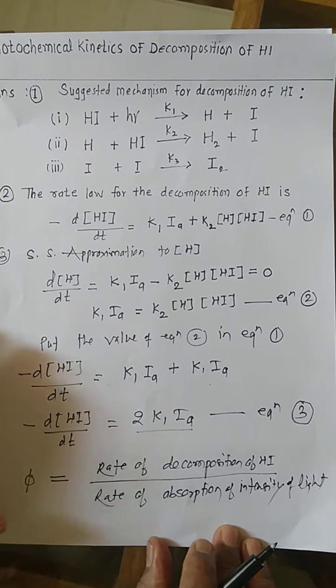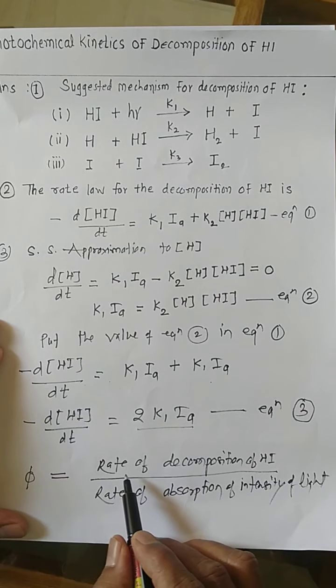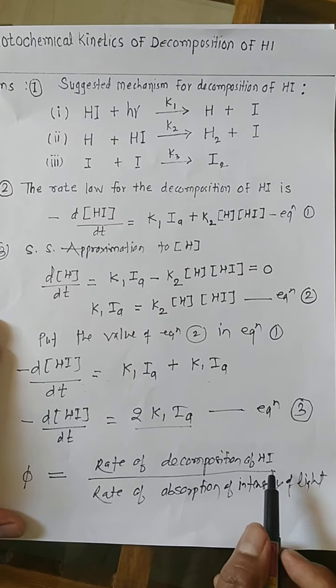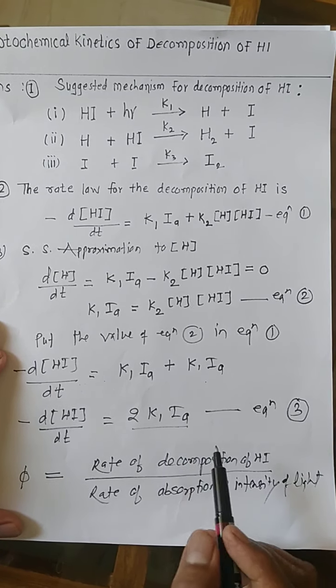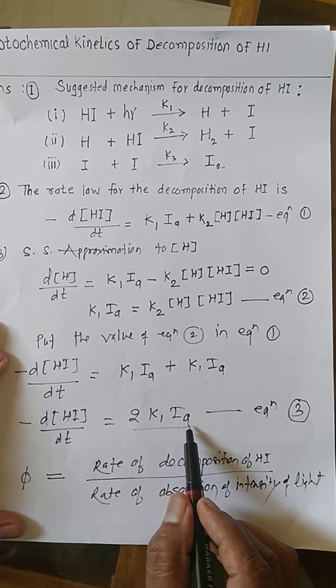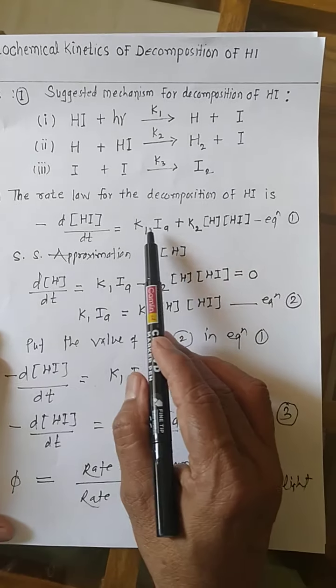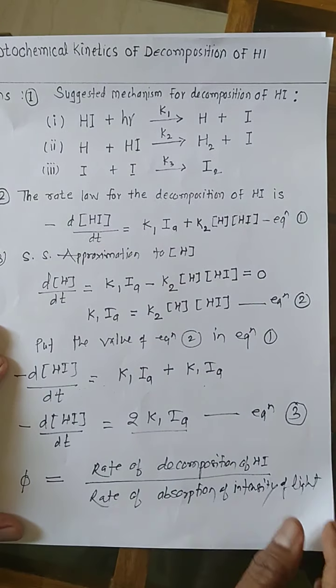You have to now put the values of rate of decomposition of HI. The value is 2 into K1 IA, and intensity absorbed is K1 into IA.